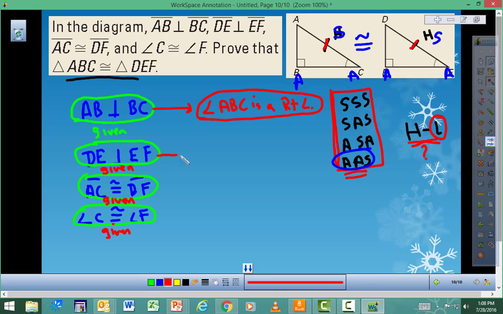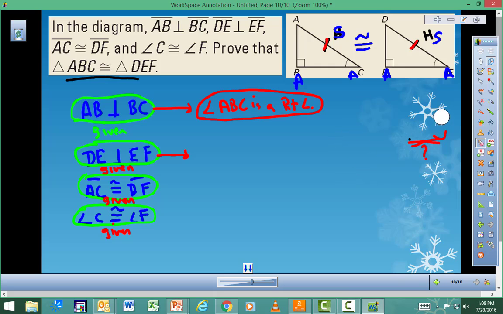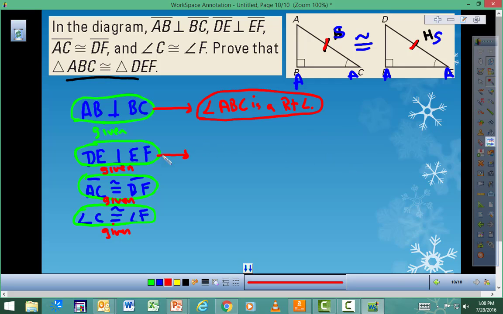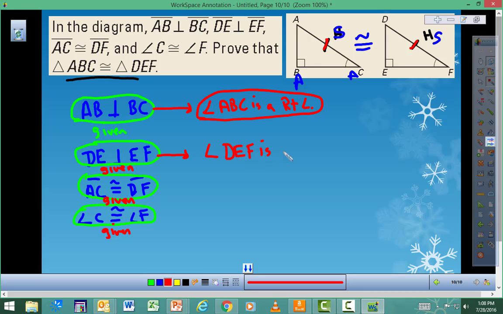Now this one, I'm going to put another one. Very similar idea. And by the way, let me erase this so I have some room here. So I could say this information gives me angle DEF is a right angle.